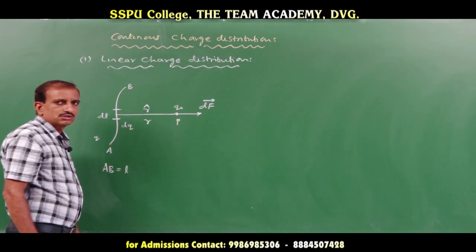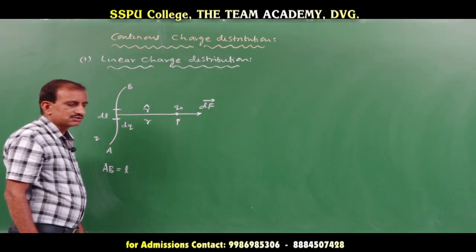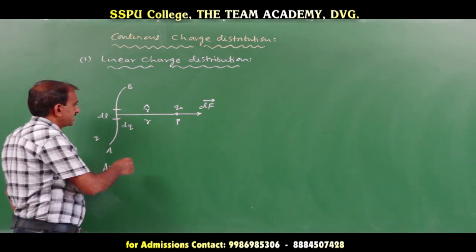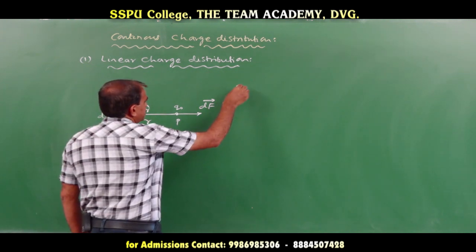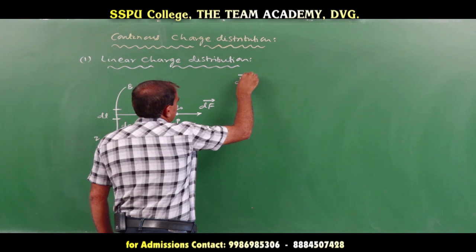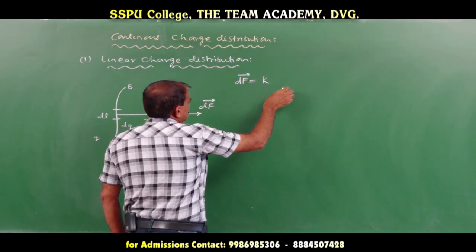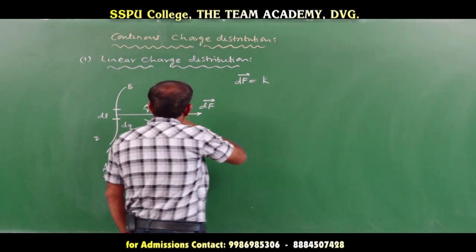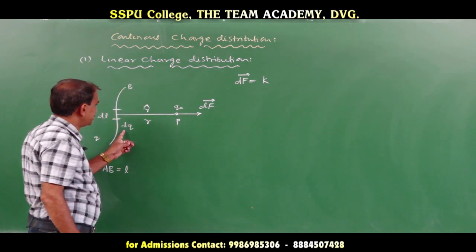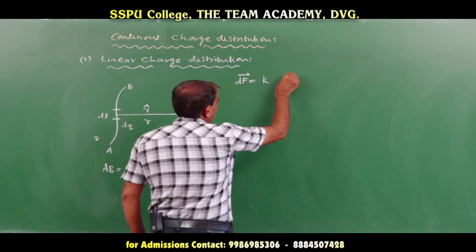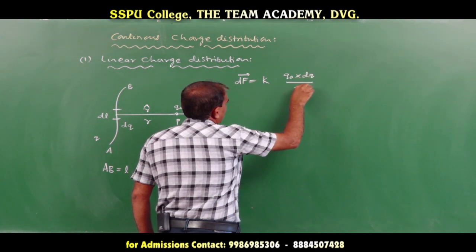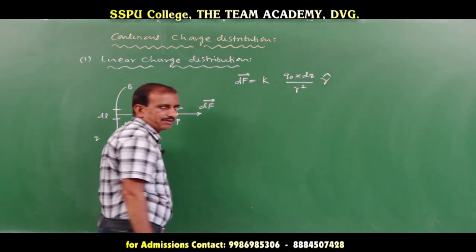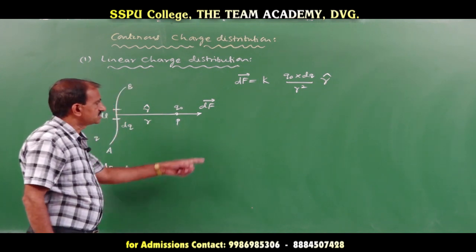Now we can write the force dF exerted on q naught due to dq. The force dF is equal to k into q naught into dq divided by r square into r cap. What is r cap?